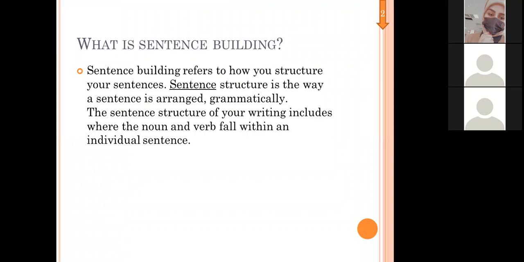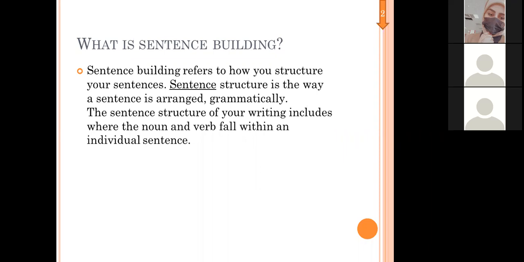What is sentence building? Sentence building refers to how you structure your sentences. Sentence structure is the way a sentence is arranged grammatically. The sentence structure of your writing includes where the noun and verb fall within an individual sentence.